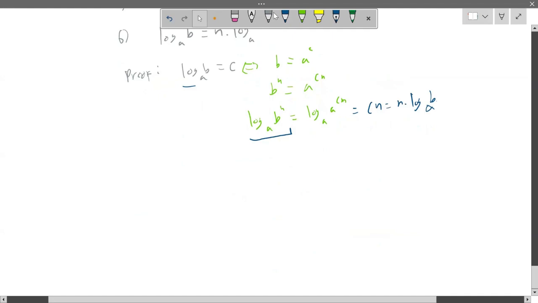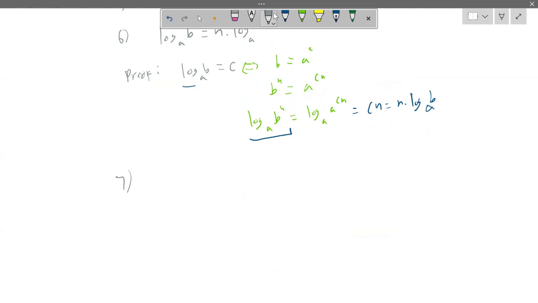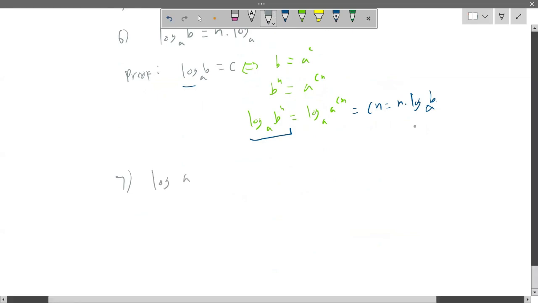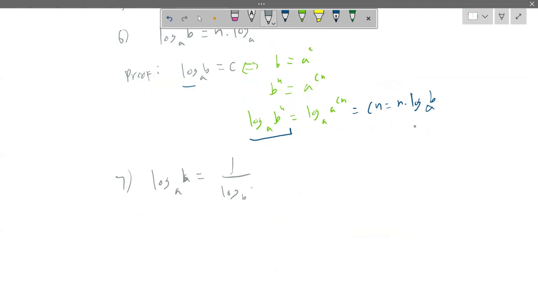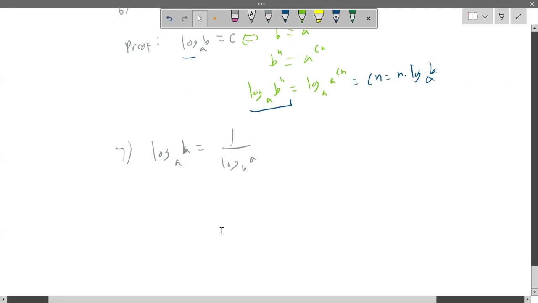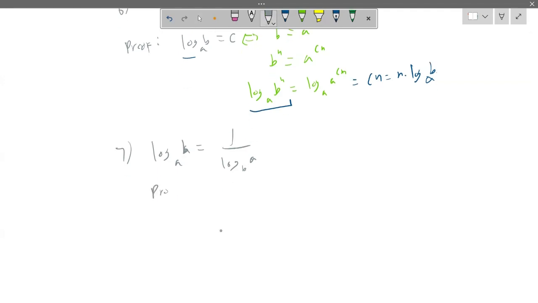Next one talks about the reciprocal of logarithms. So log of b base a is equal to 1 over log of a base b. We assume, so we let c equal log of a base b.